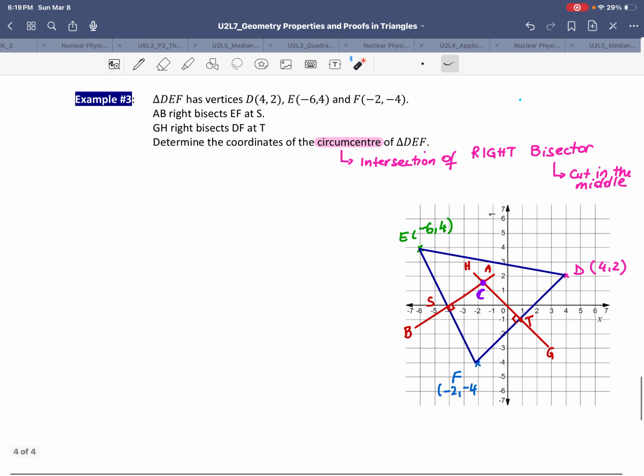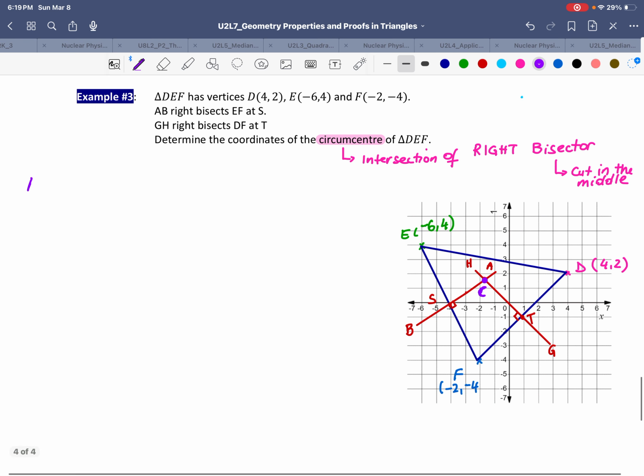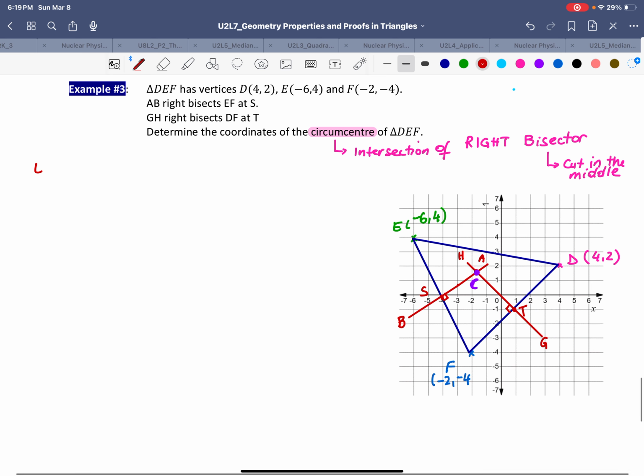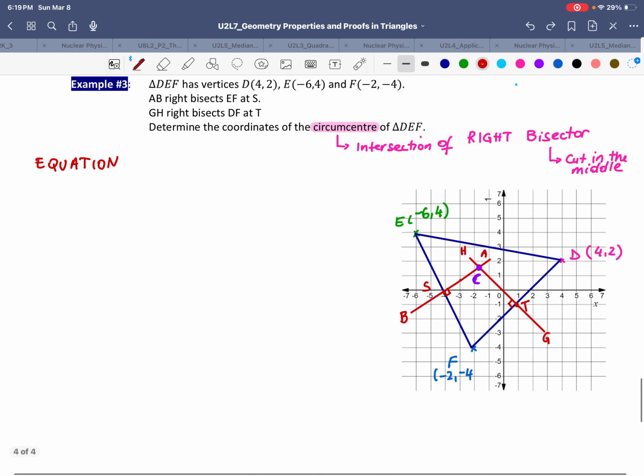I'm going to start by finding the equation of AB and then the equation of GH. Organizing the information is very important in any math problem, but especially in geometry. So we're going to write here the AB equation, and here the GH equation.